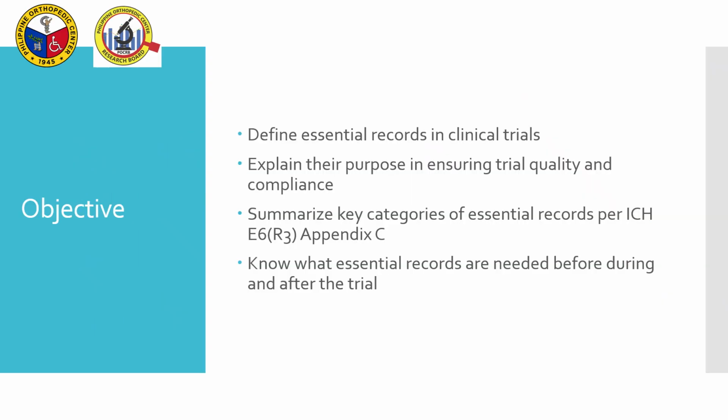By the end of this session, you should be able to define what essential records in clinical trial are, explain the purpose in ensuring trial quality and compliance, summarize key categories of essential records per ICH E6 or the International Council for Harmonization of Technical Requirements for Pharmaceuticals for Human Use, and recognize which records are required before, during, and after a clinical trial.